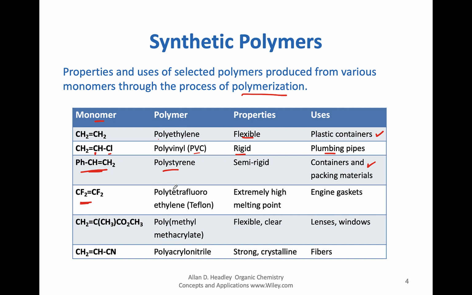When it's polymerized, the product is called Teflon. Of course, as you have seen, it's used on cooking surfaces because it's highly resistant to sticking, and it's pretty stable at high temperatures. So that's why it's very, very useful. And we have some others here that you can read up on.